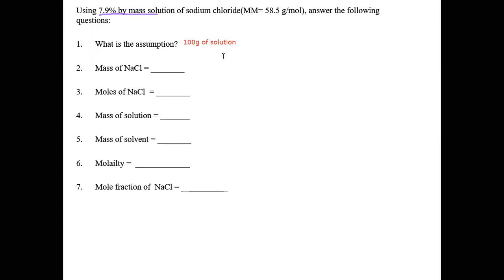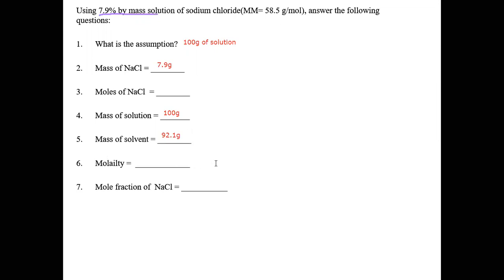So if we have 100 grams of solution, our mass of solution is 100 grams. Our mass of sodium chloride is 7.9 grams. So we haven't done any calculations yet, and we're answering some of these. Mass of solvent is, let's see, 92.1 grams.